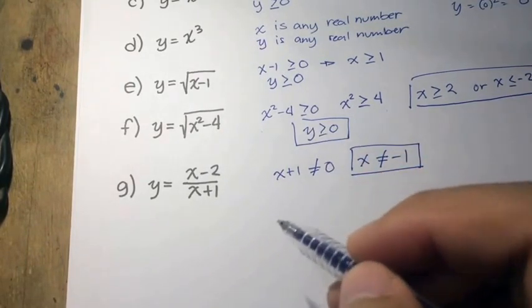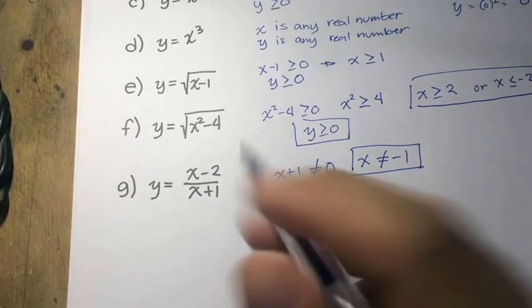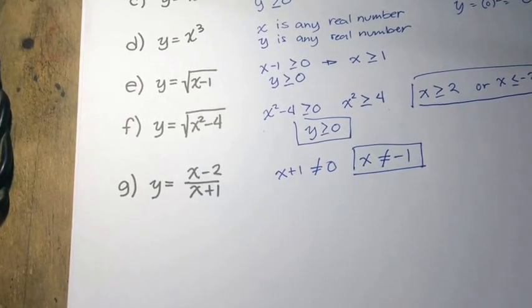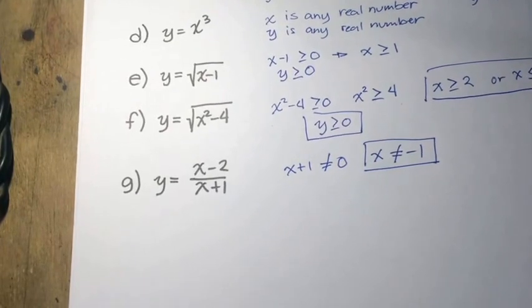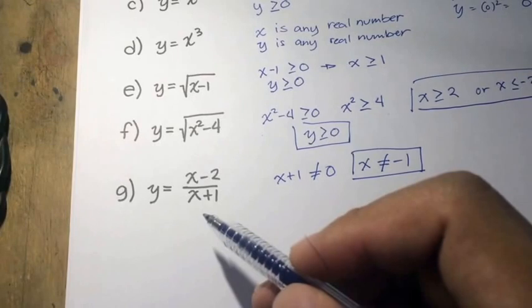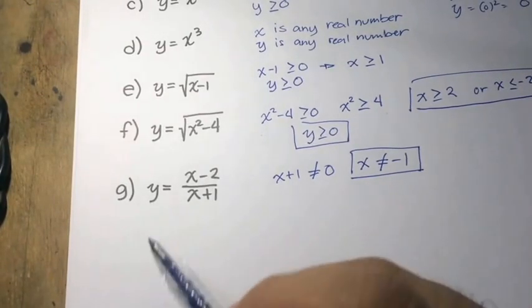And now for my range, I solve for my range, we need to think about this one. Now, for the range, one technique is that we solve this for x.